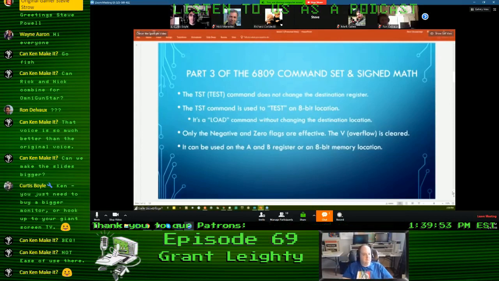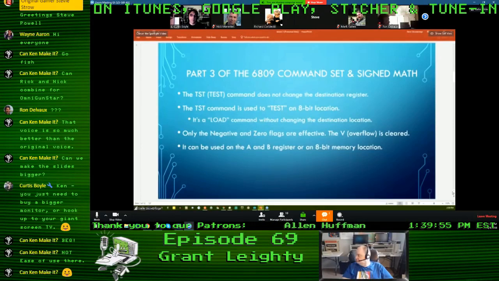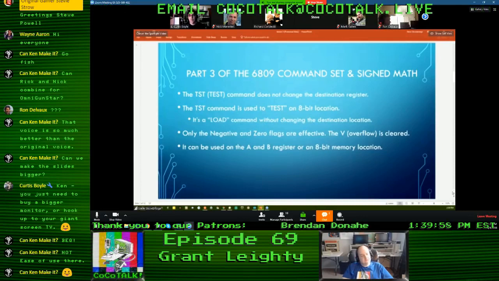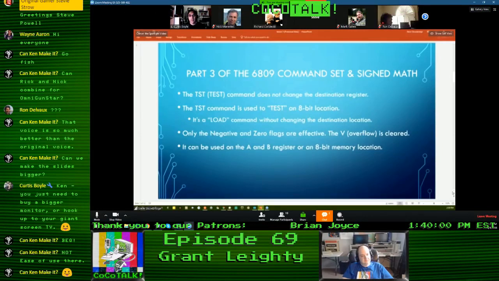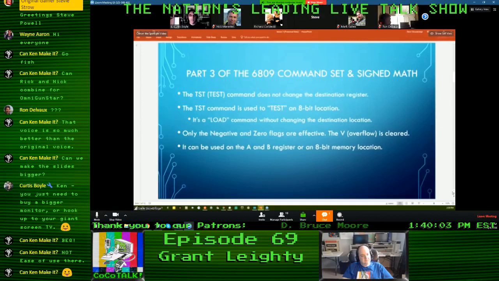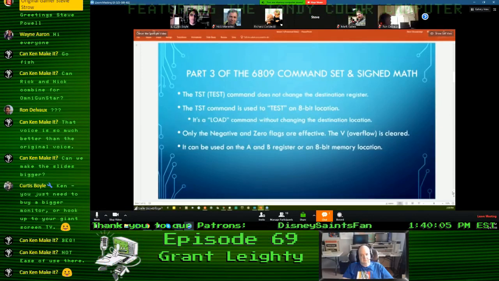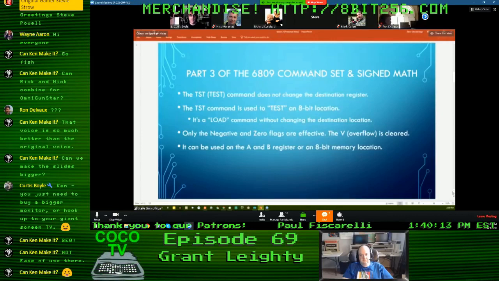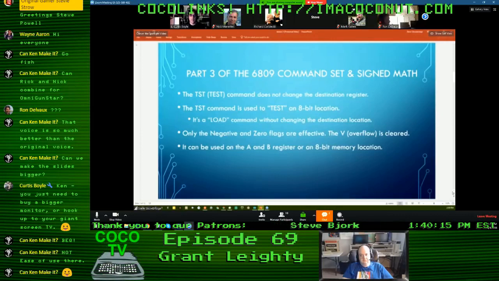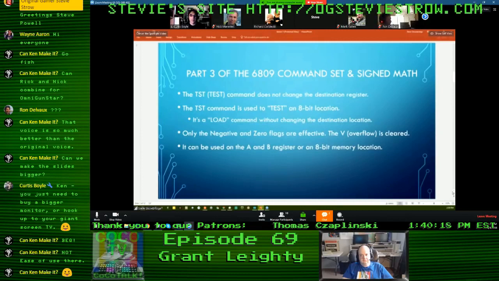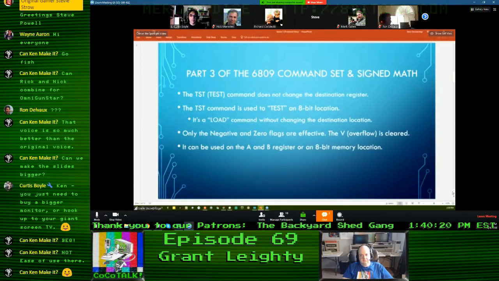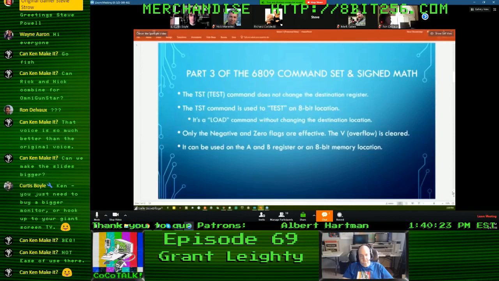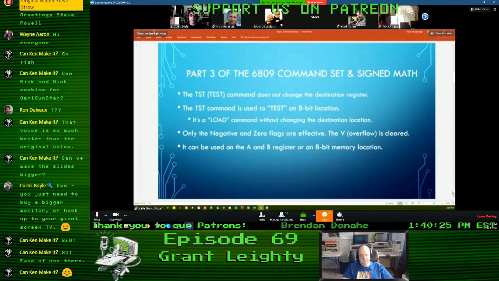The rest of them aren't touched, but you can use it with the A and B registers or an 8-bit memory location, such as if you want to check the status of a flag that you got, such as is player dead. You can see if it's 0 or not 0, and it'll tell you whether or not the player has died. It basically just allows you to see if it's negative or if it's 0. And it's another common instruction that we use to set up for doing branch instructions, like branch if not 0.